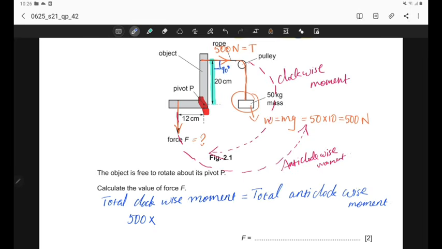This perpendicular distance is 20 centimeters. So 20 times 10 to the power minus 2, that must be equal to the total anti-clockwise moment, that is unknown force times perpendicular distance.